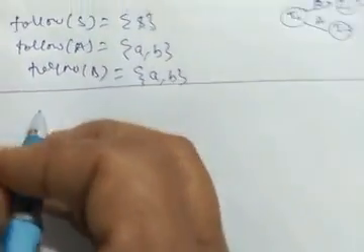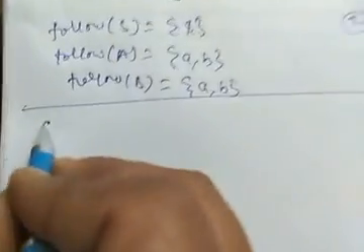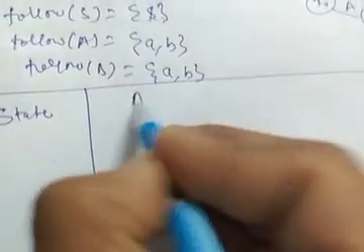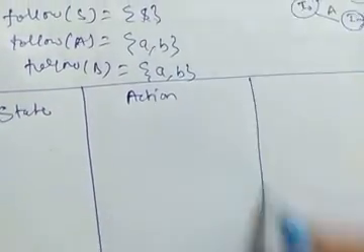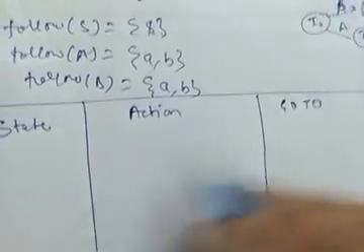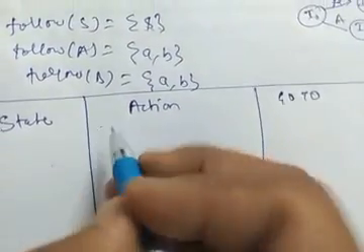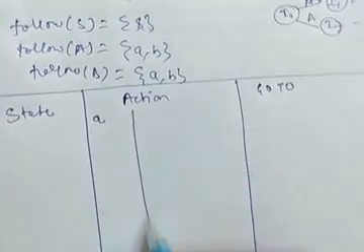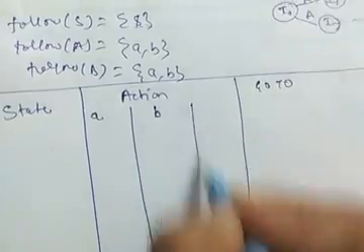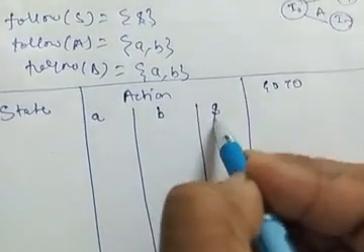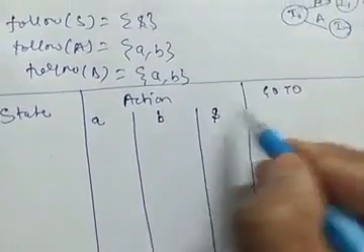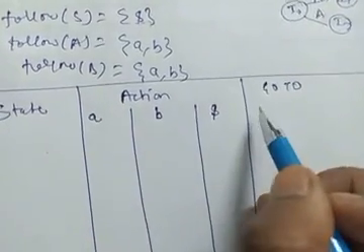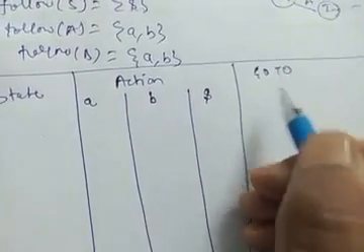So now we will create the parsing table. We know that for the parsing table there are 3 entries: state, then action, then goto. In action we will put the terminals, there are only 3: A, B, and dollar. Dollar is put there because in the input buffer we put the input followed by dollar.